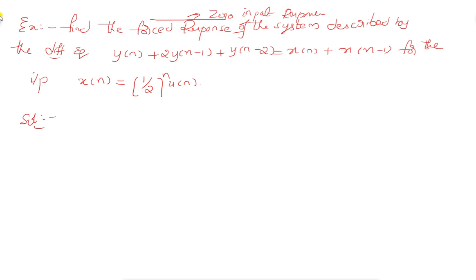Let us consider the given equation: y of n plus 2 into y of n minus 1 plus y of n minus 2 equals x of n plus x of n minus 1.